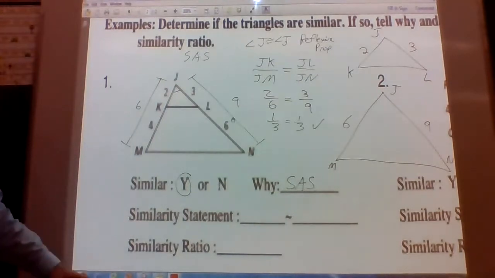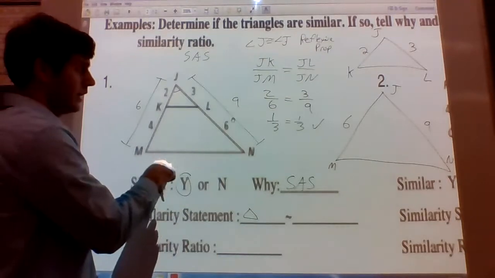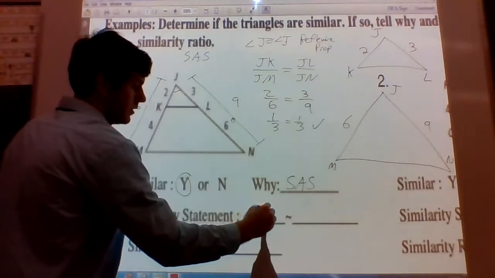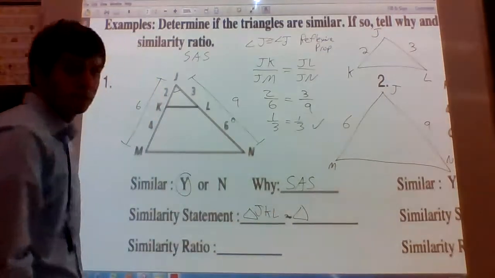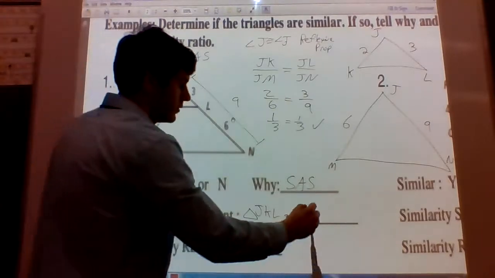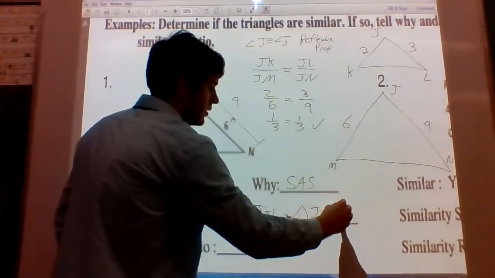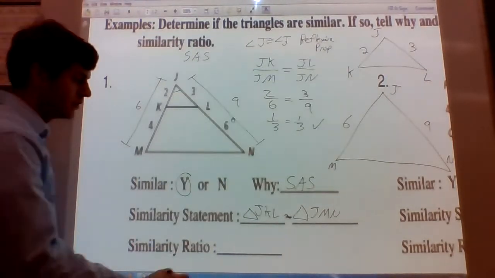Okay, our similarity statement. Let's call it triangle JKL, similar to, here's our little tilde, triangle JMN. Then they're asking for a similarity ratio. So our ratio was 1/3.